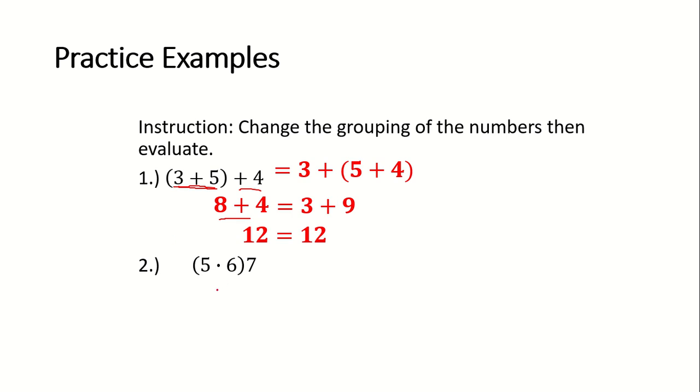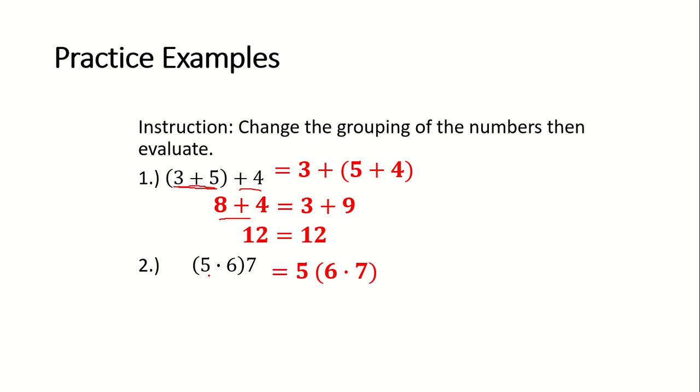How about 5 times 6 times 7? So you need to prioritize 5 and 6 first. So instead of multiplying 5 and 6, we multiply first 6 and 7. And to do that, you have to enclose it inside the parentheses.